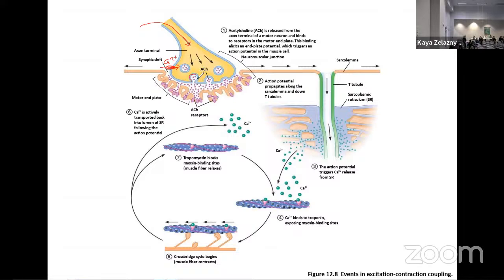Here's our acetylcholine in a synaptic vesicle. Then we have the exocytosis, letting that acetylcholine leave our first cell, our motor neuron, and end up in this little cleft, floating around, where it can bind to our acetylcholine receptors, which happen to be nicotinic cholinergic receptors here on the motor end plate.